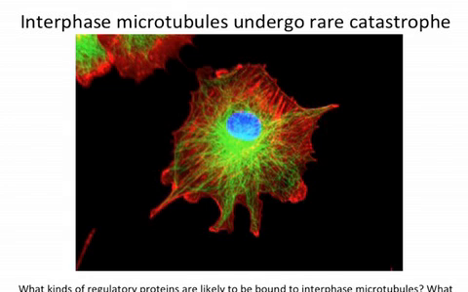What kinds of regulatory proteins do you think are likely to be bound to interphase microtubules? Rare catastrophe. Yes. Proteins that are capped on the ends. Right, so some kind of capping proteins, proteins that bind to the ends that are stabilizing.